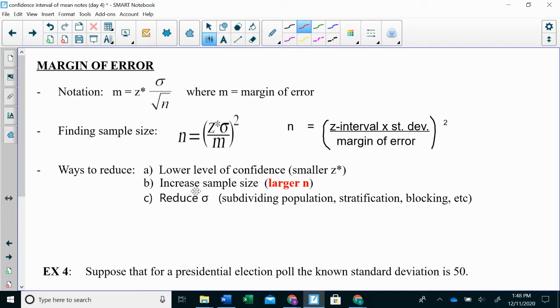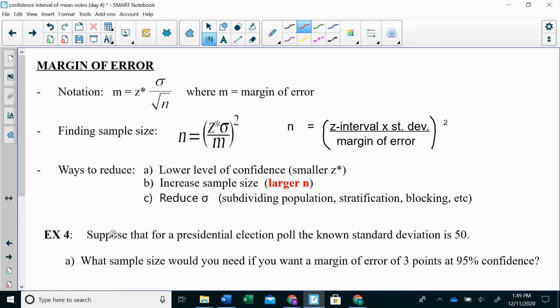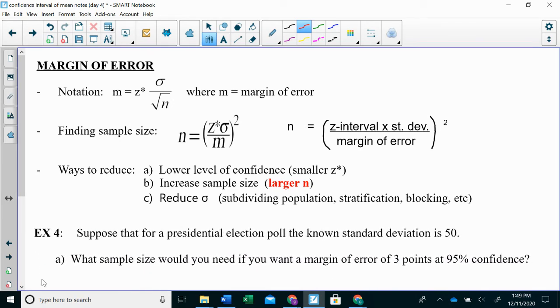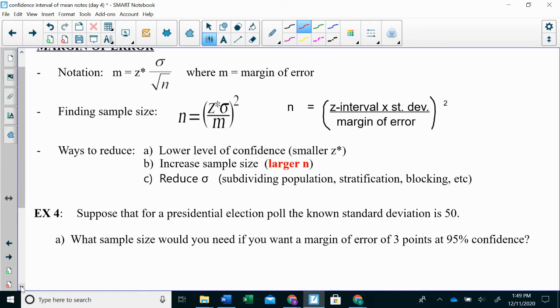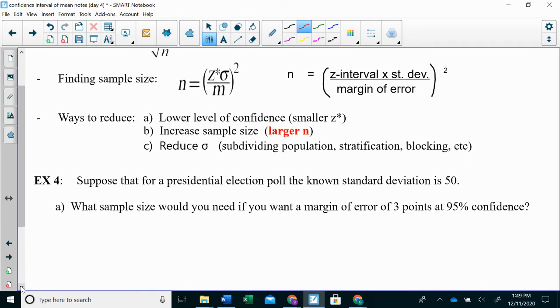Another option is we can increase sample size. And the third option, which is probably one of the more complicated, is to find a way to reduce the standard deviation. So the main focus we're going to use for today's lesson is to take information given to us and try to calculate what sample size is needed for that problem.